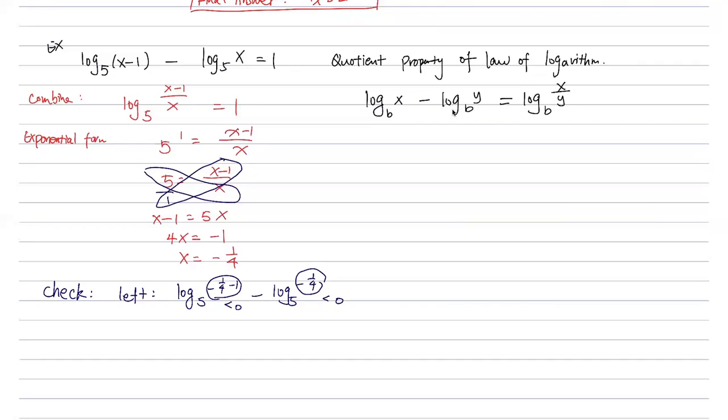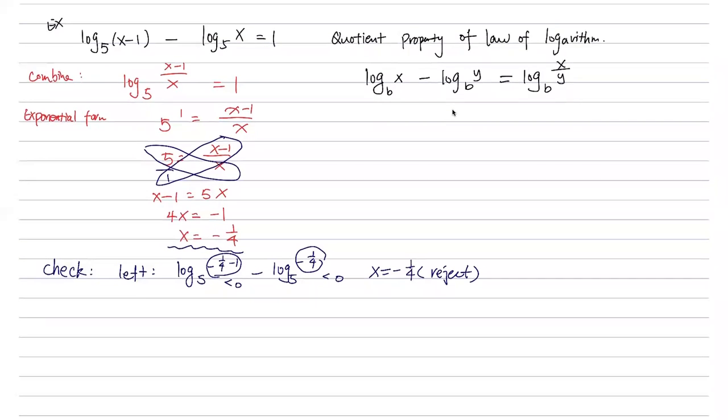So in this case, x equal to -1 over 4, we need to reject. But since -1 over 4 is the only number we got here, and as we check, we rejected, your answer will be the empty set, or you can call this no solution, or you can say no real solution.